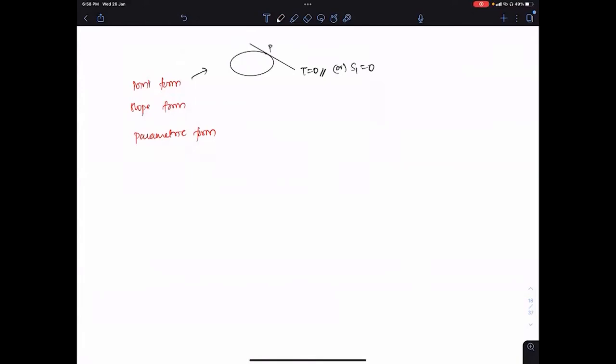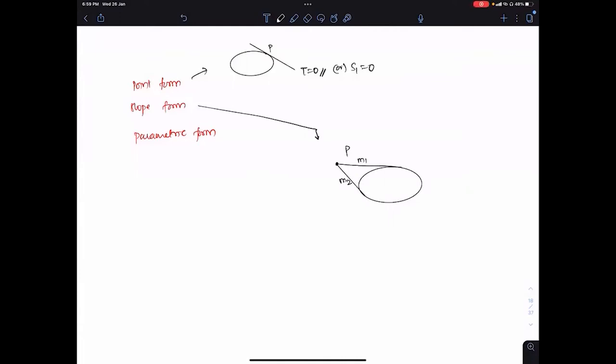Now, what is slope form? Very important, guys. Slope form, as we have seen in parabola, is majorly used when we are discussing tangents drawn from an external point. So from an external point onto the ellipse, you can draw two tangents. Now, if we want to discuss the slopes of these tangents, then we use the slope form.